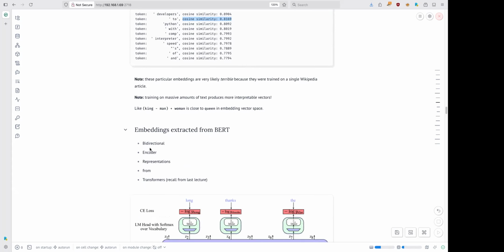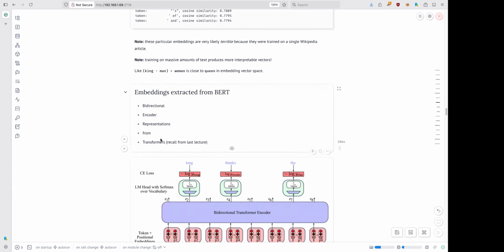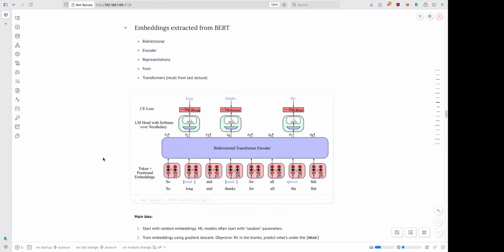Now we'll move on to more serious models. We'll look at BERT, which is a family of models known as bidirectional encoders for transformers. Again, the main discussion about transformers was in the previous lecture. Here we only look at the very basics.